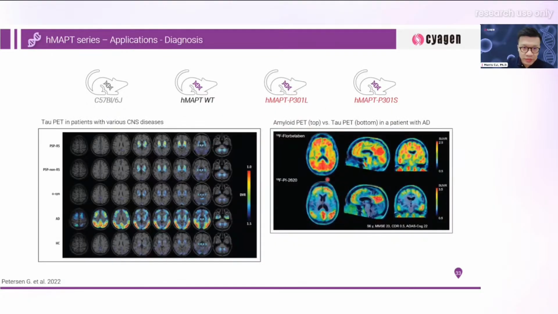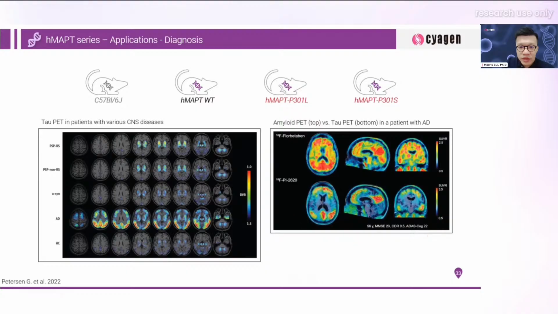To start with, we could use Alzheimer's disease as a good example, since it has both amyloid and tau pathology simultaneously. Here are two demonstrations from literature. As you can see here, the AD tau PET is here, while the AD amyloid PET is here.